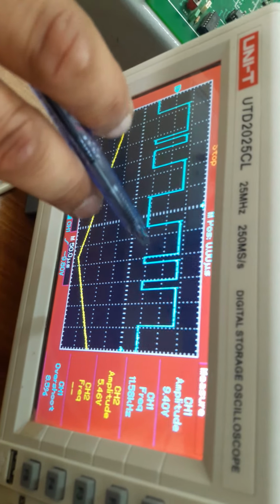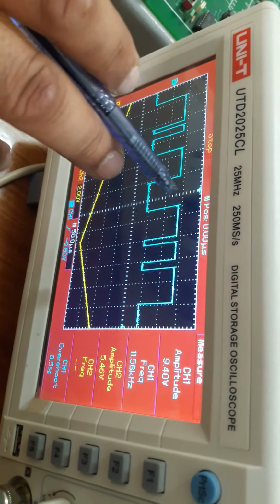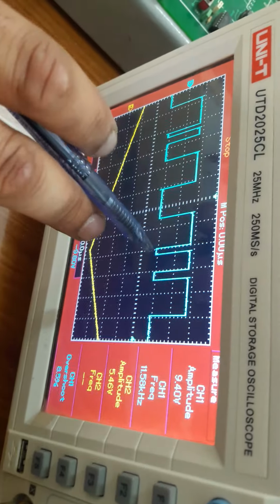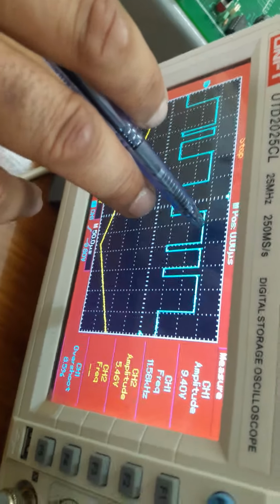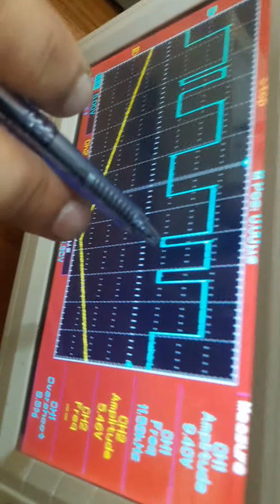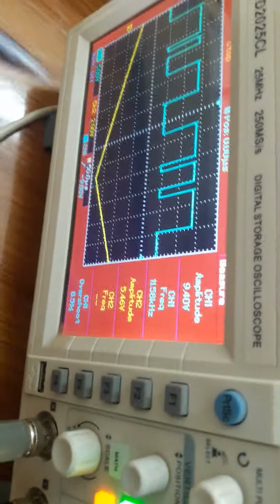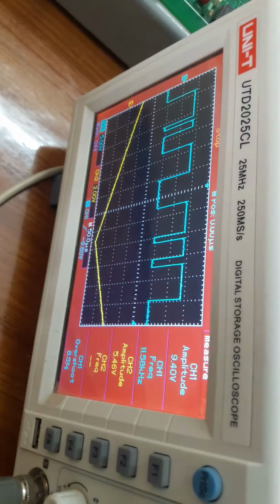And here you can measure the frequency and the duty cycle. Duty cycle means the duration of time which is on and off. Here approximately 75% on and 25% off. So slowly it is going up and down.